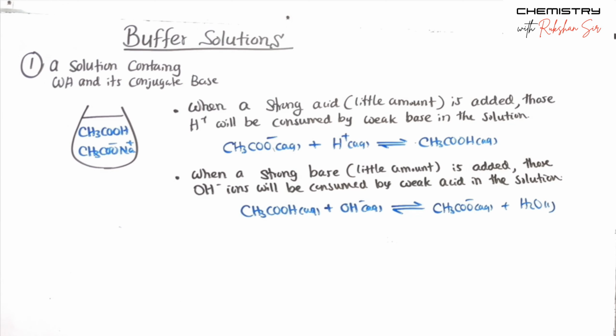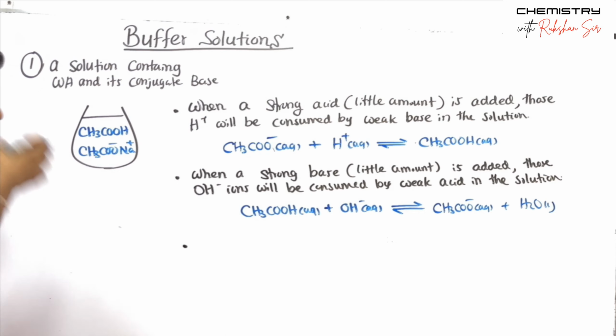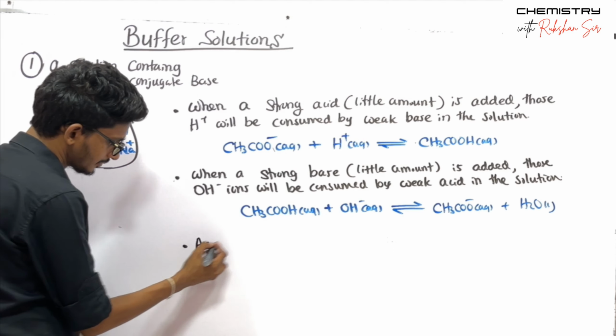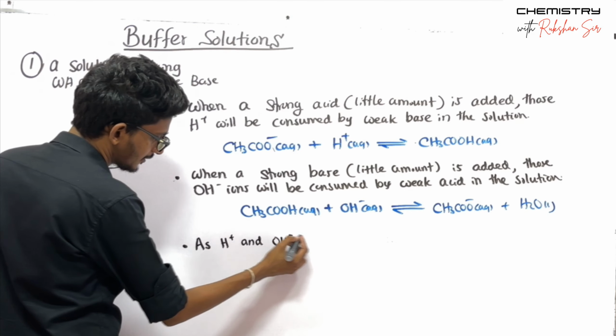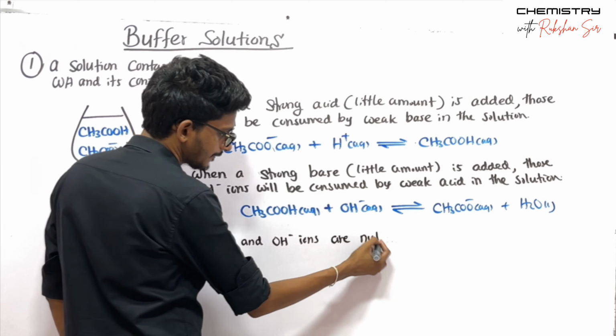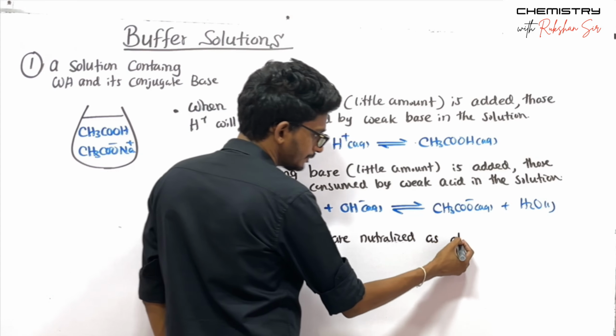The third point you need to mention is actually as H pluses and OH minuses are neutralized, no considerable pH change would be observed. H plus and OH minus ions are neutralized as above.